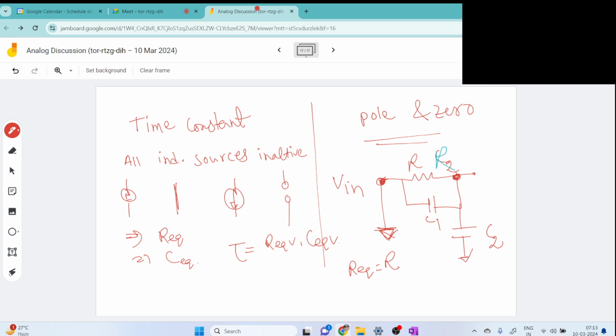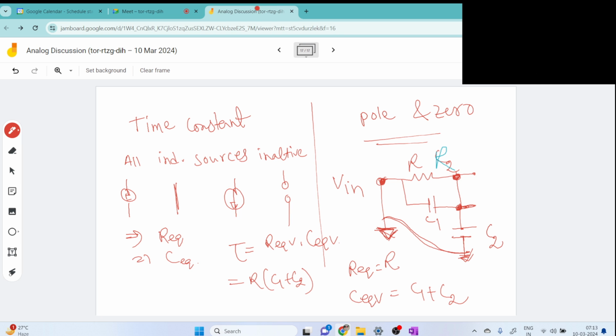And what is the C equivalent? There are two capacitors, and they come in parallel because one node of each, C1 and C2, is connected to ground. Parallel means they add, so C1 plus C2. Then the time constant will be R times C1 plus C2.